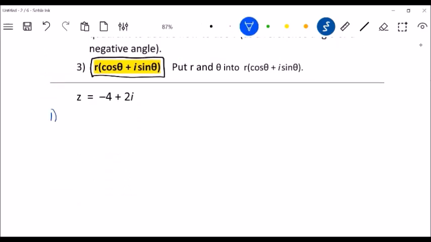So our first step is to get r. We will use the fact that r squared is equal to x squared plus y squared, which means that r squared is equal to -4 squared plus 2 squared, which is equal to 16 plus 4, which is equal to 20.